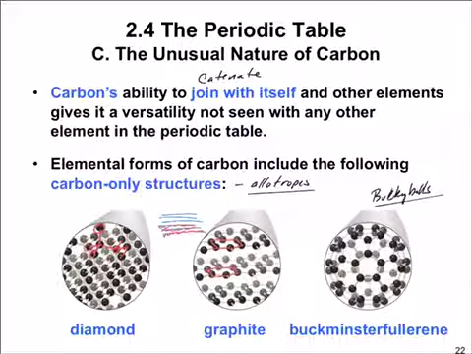But what we have with a buckyball is a 5-membered carbon ring surrounded by 6-membered carbon rings. And if that pattern sort of looks familiar, it should. It's a soccer ball. Buckyballs are shaped like soccer balls.